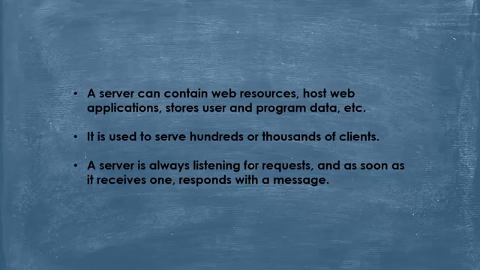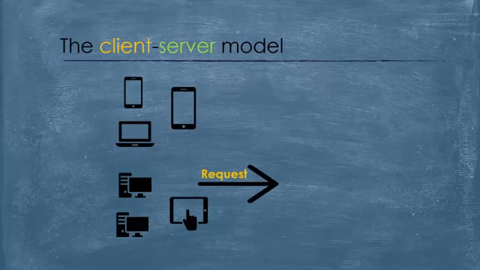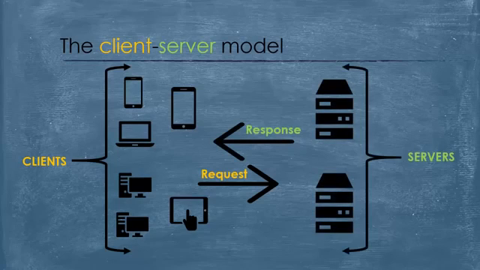Now that we know what exactly a client and a server is, we can define the client-server model in one sentence. The client-server model is an architecture on the web that splits computers into two sections. Computers that ask for and request services, called clients, and computers that serve clients, called servers. The client-server model works through the request-response cycle via HTTP messages.